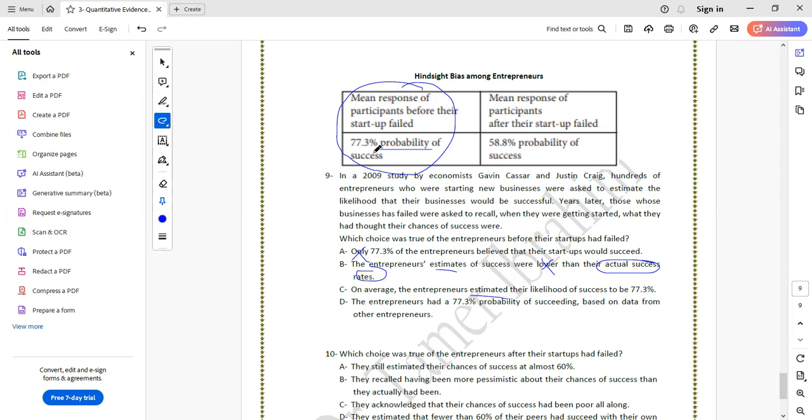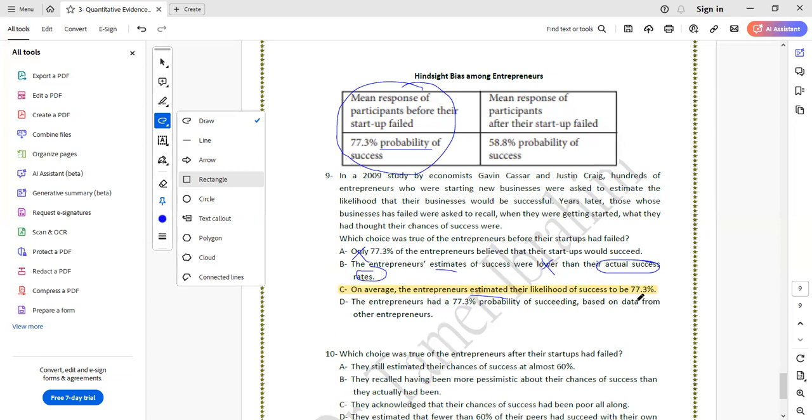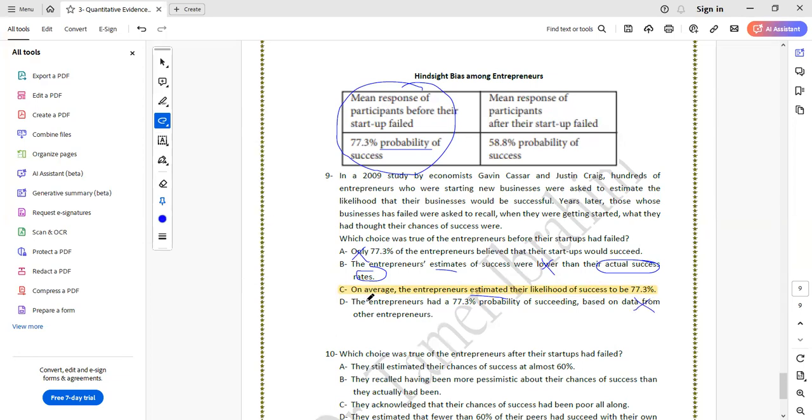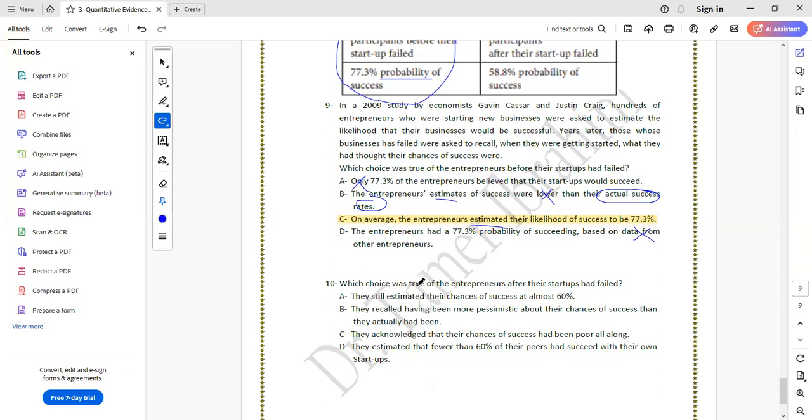Yes, their estimation is 77.3. So there's the answer. The entrepreneur had a 77.3% probability of succeeding. Yes, that's right. Based on data from other entrepreneurs? No, it's from themselves, not from others. So the second part is wrong. So the answer is C.